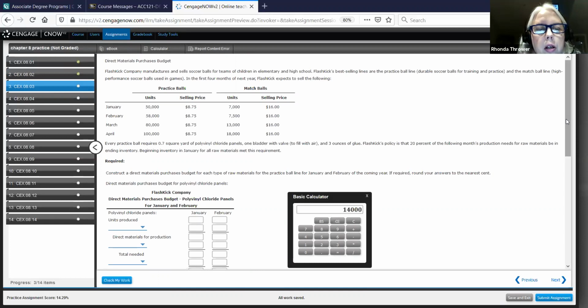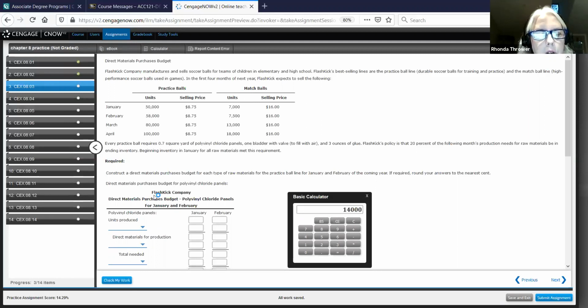And then this is the direct materials purchases budgets. And so they have a partial one set up for you, just like they did on the others. And this is the same information that we've been given before.